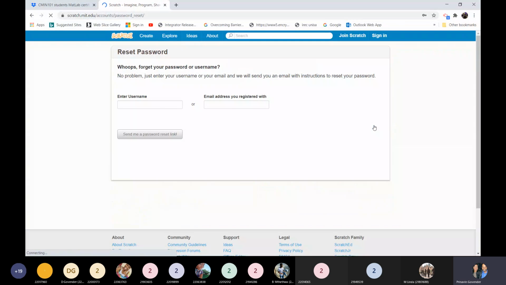Give me your username or give me the email address you used to join Scratch. I think it's for UC. I use my student number. I don't remember clearly. All right. What's your email address at DUT?